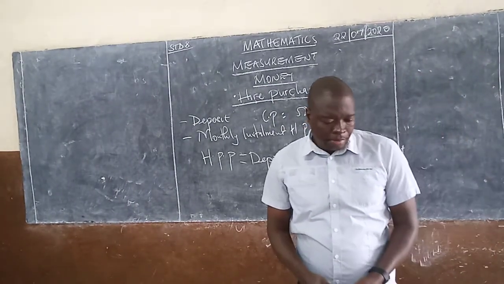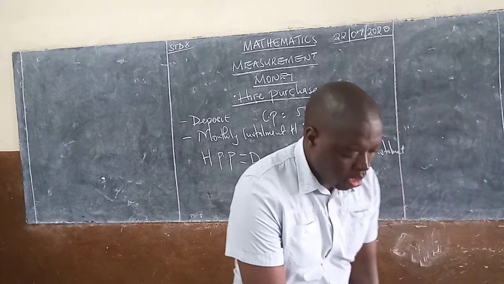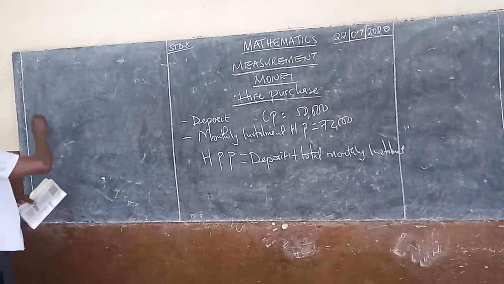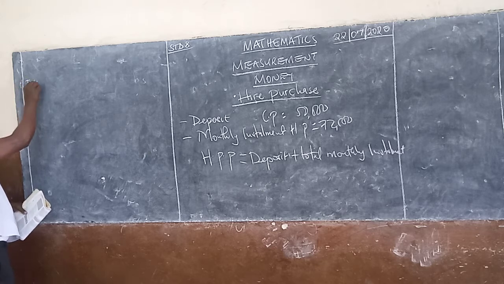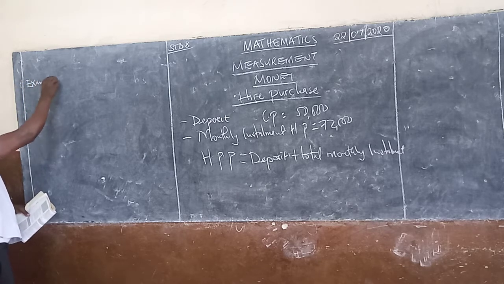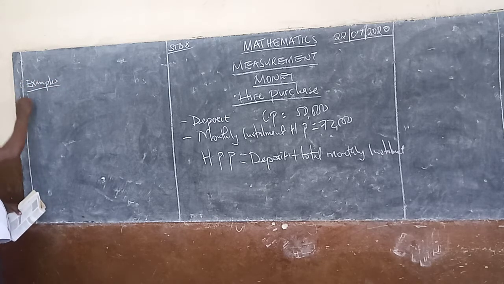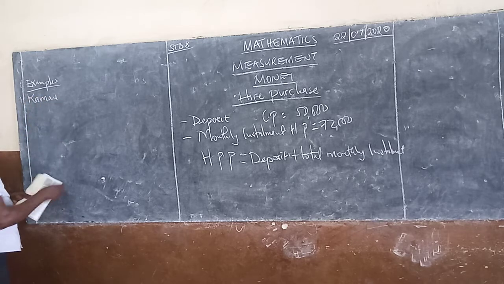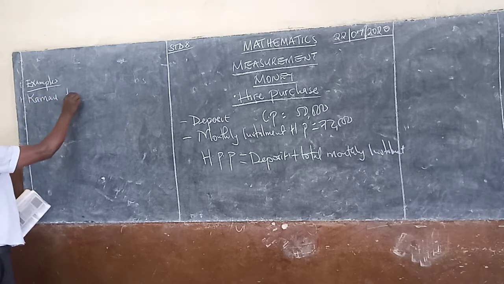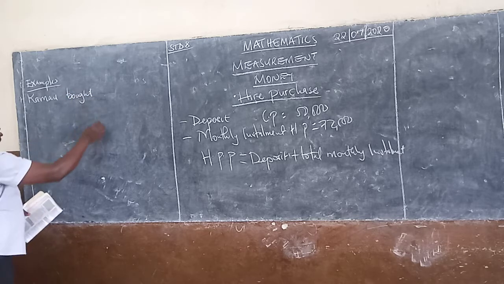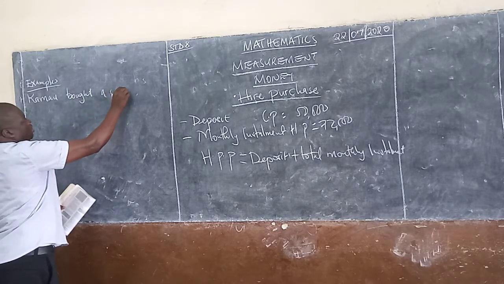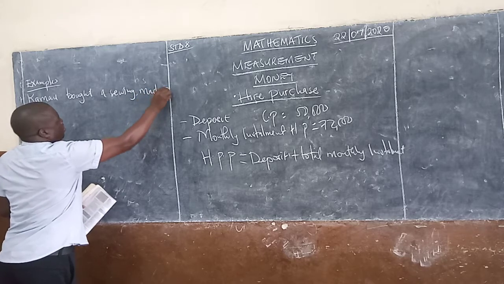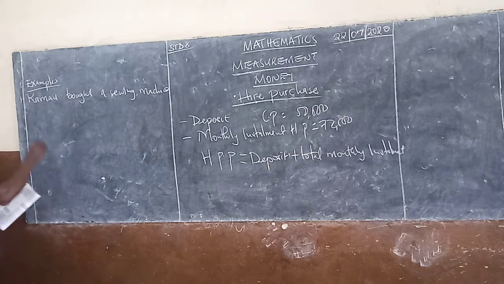Example one. Kamau bought a sewing machine on hire purchase.